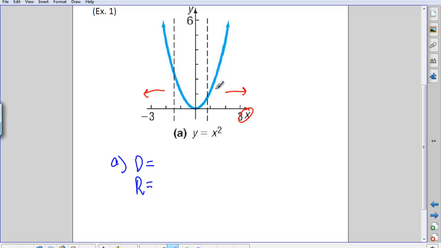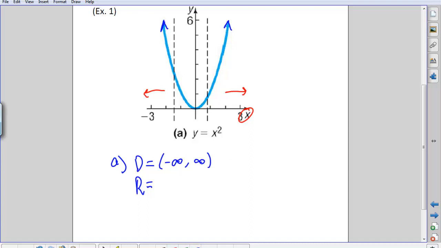So for this parabola here, the answer is no. If you'll notice, there's these arrowheads here, which means even though this thing's turning up, it's going to continue moving to the right and moving to the left. So there's not a left or a right boundary on this graph. That parabola continues to open up as it goes to the left and right. And so the domain, then, we could use intervals for that. If there's not a left boundary or a right boundary, it goes from negative infinity to positive infinity.